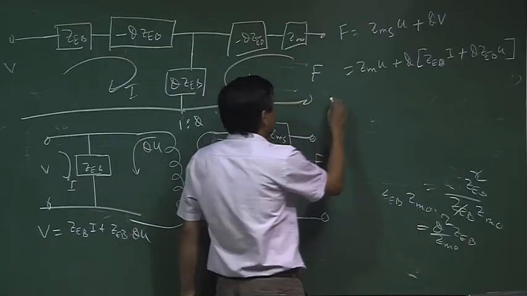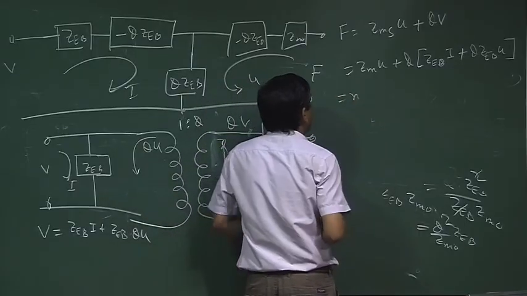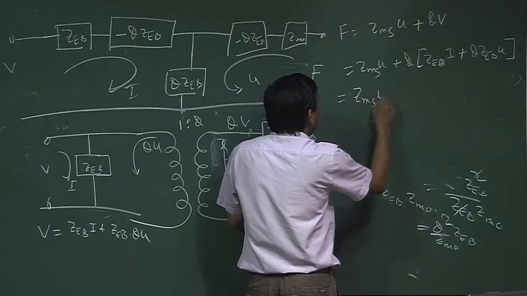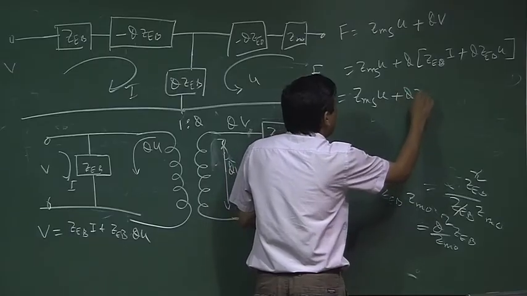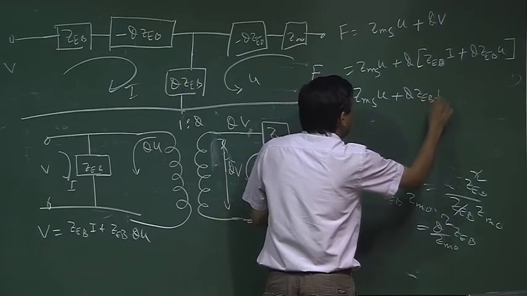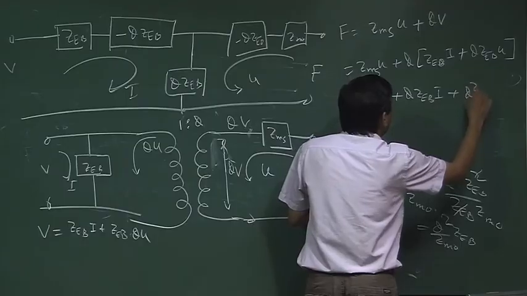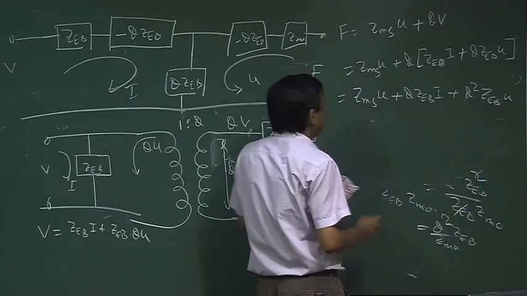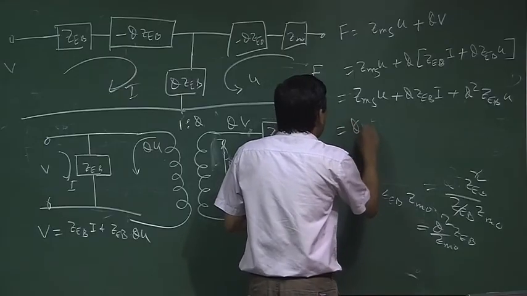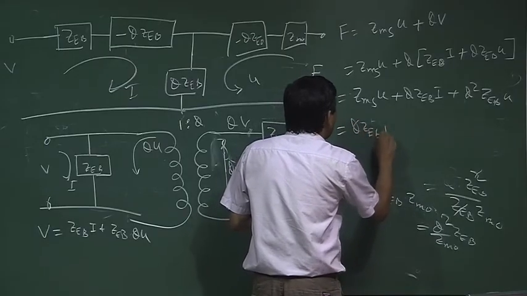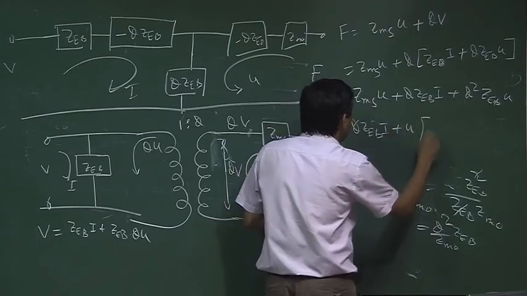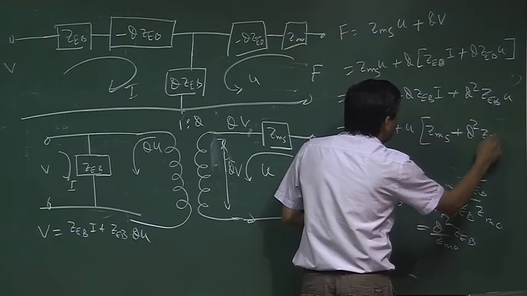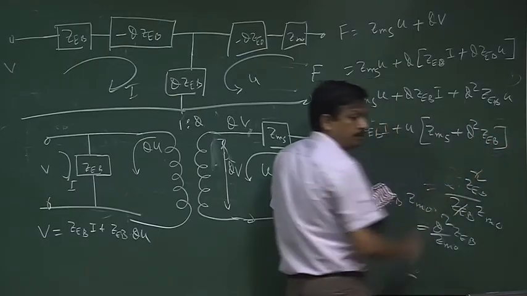I get ZMS into U plus phi ZdB I plus phi square ZdB U. So, I can write down phi ZdB I plus U into ZMS plus phi square ZdB.